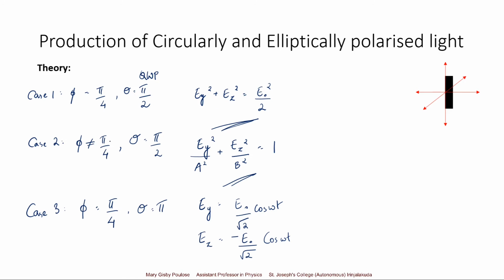In the second case, when plane polarized light is incident at any angle other than 45 degrees on a quarter wave plate, the emergent ray will be elliptically polarized light. And in the third case, when plane polarized light is incident at an angle of 45 degrees on a half wave plate, then the handedness of the light is just inverted.